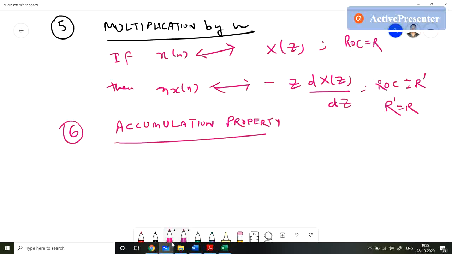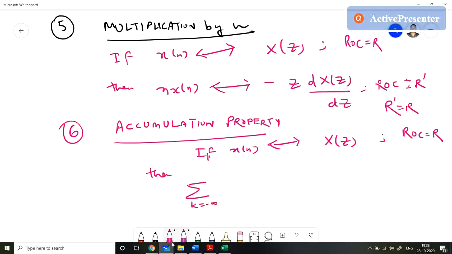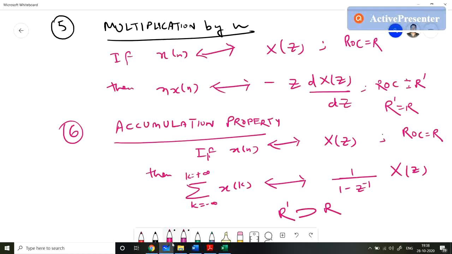This property indicates that if we have x[n] and the Z transform of this is X(z), the ROC is R, then the summation of x[k] from k equals minus infinity to n has the Z transform 1 divided by (1 minus z inverse) into X(z), and the new ROC, that is R', belongs to R intersection with modulus of z greater than 1. So this is our new ROC.